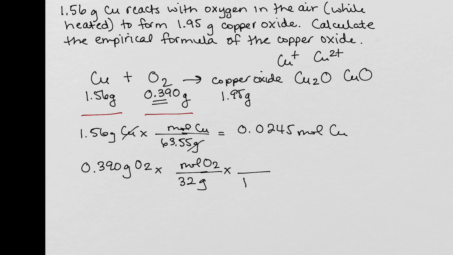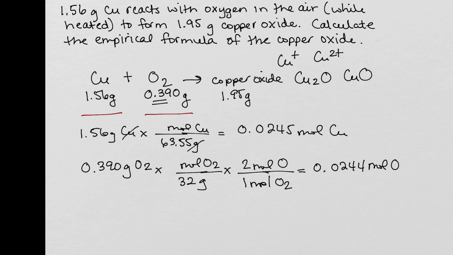So for every 1 mole of O2, I have 2 moles of oxygen. So if I multiply 0.390 by 2 and then divide by 32, I get 0.0244 moles of oxygen. Now, if I look at these two numbers, they're essentially the same.